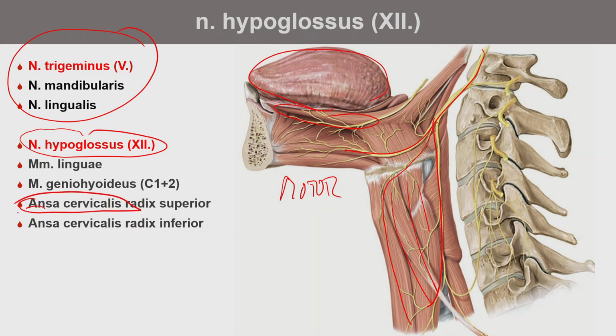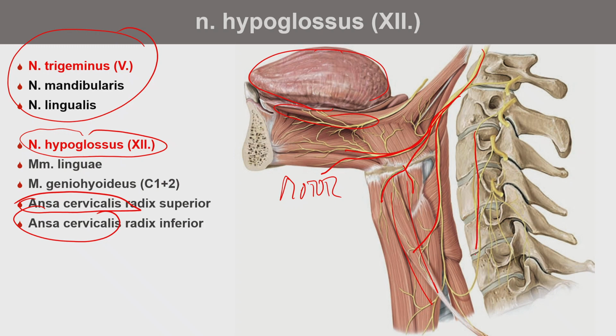Ansa cervicalis has a radix superior and inferior, and there's a communication between C1 and C2, which are going for geniohyoideus, through the hypoglossus, and then also bridging these innervations for other parts.